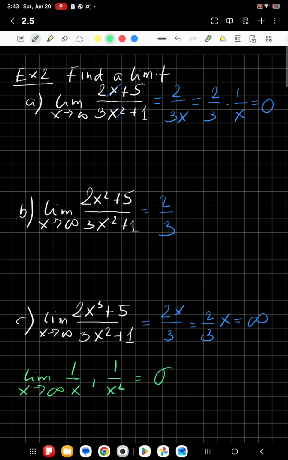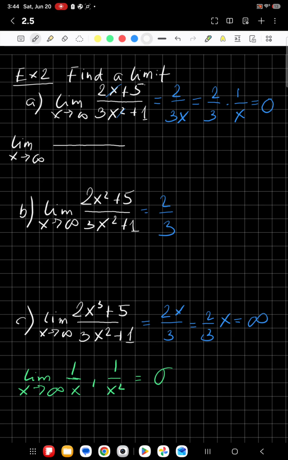To solve the first one, I will do it here, with the limit as x approaches infinity. What is the best way?